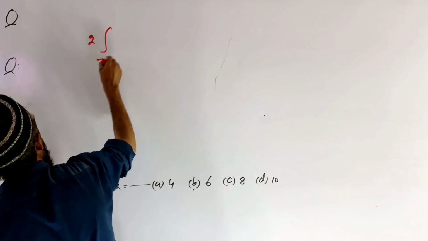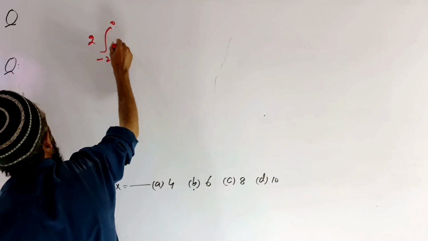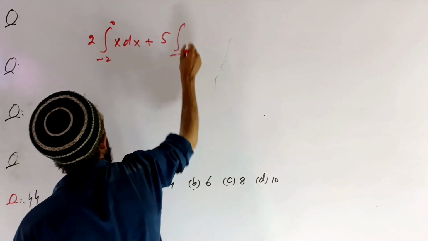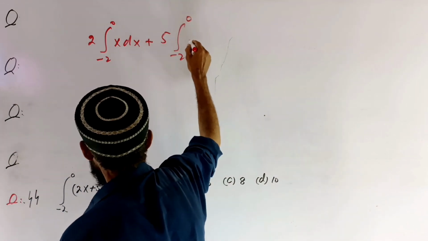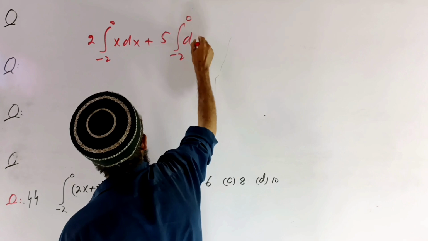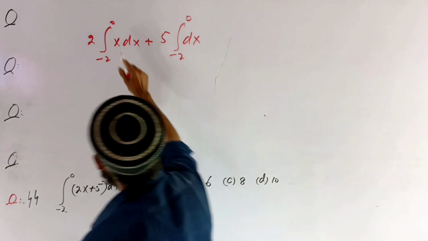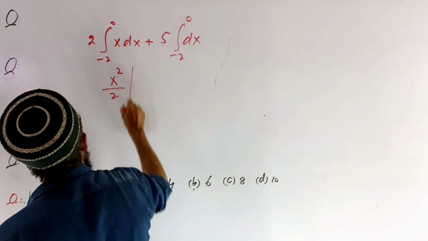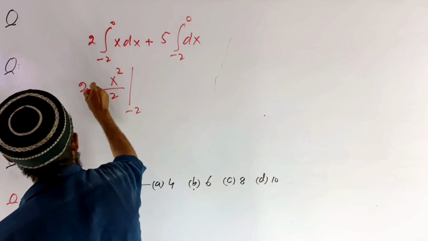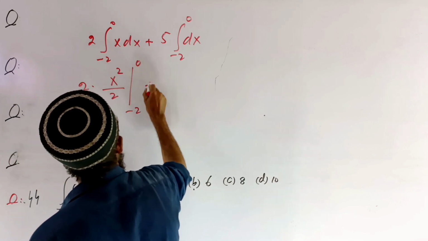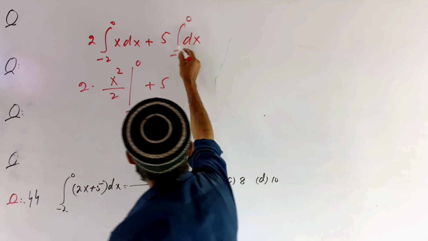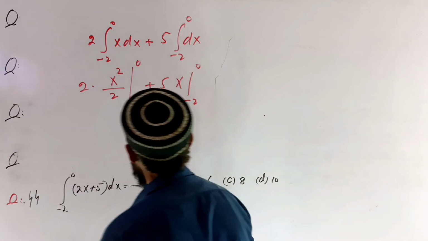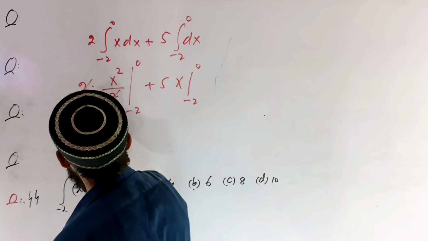From the integration from minus 2 to 0 of x dx plus 5, which is also constant, integral from minus 2 to 0 of 5 dx. So we are taking the integration of 2x, which is already multiplied here, and 0 plus 5, and the d and integration cancel, leaving x, and we put here the lower and upper limits. The 2s are cancelled to each other here.